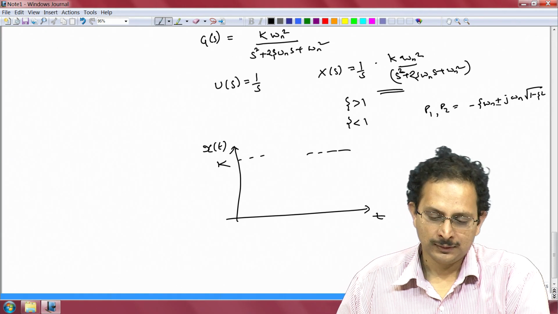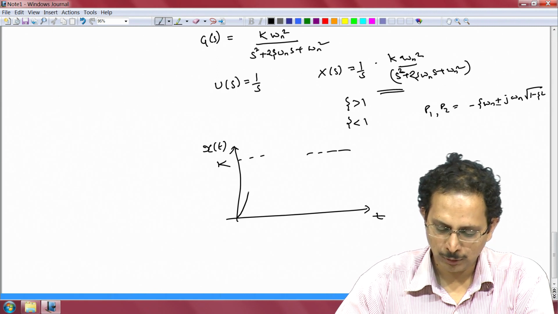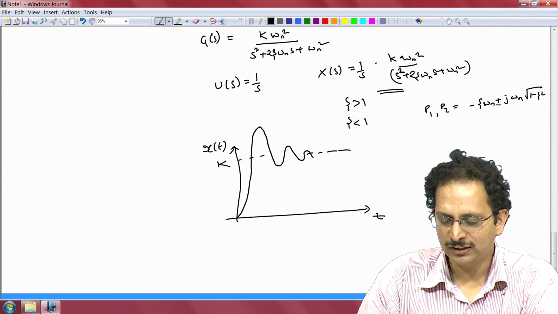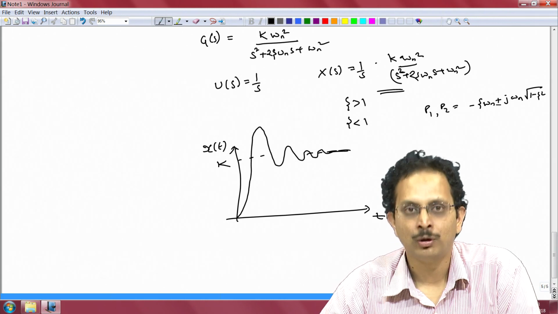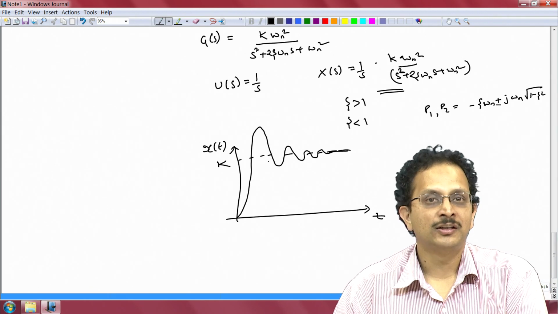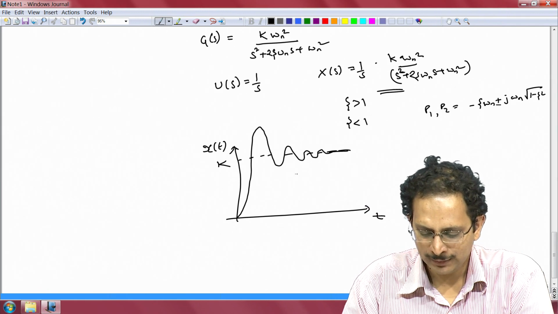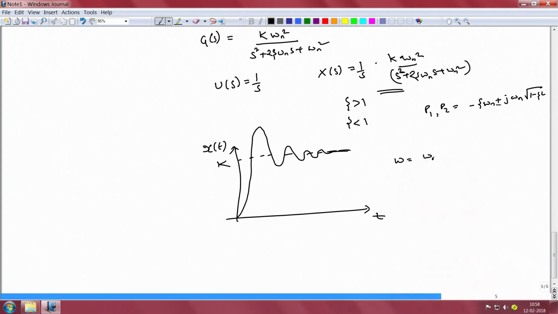Now when we apply a step input, then the response overshoots and oscillates back and forth and dies down gradually with time before reaching its final steady state value of k. The frequency of this oscillation is called the natural frequency of oscillation of the system, and it is given by omega is equal to omega n square root of 1 minus zeta square. This is the natural frequency.